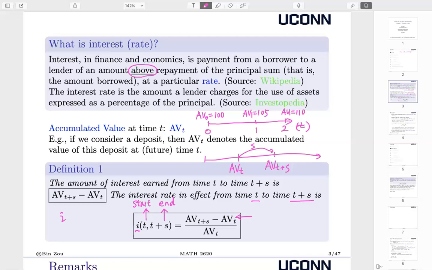So that means s is 1 year, the default option. So that's the typical case. Most of the time, you will not see such a notation with the starting point and end point, but this, of course, is more precise, showing where we start and where we end while we calculate the interest rate.